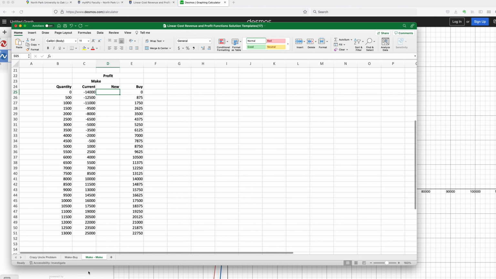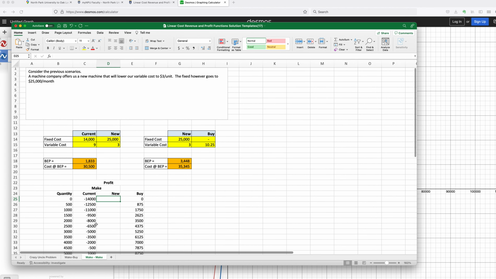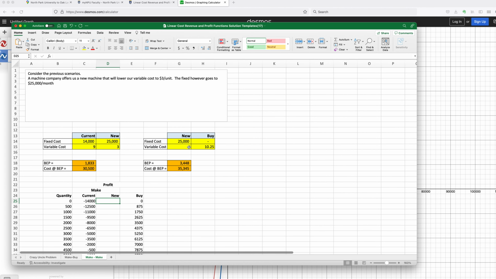What was our $3? So our margin is going to be 12 minus 3. It's going to be $9. It's going to be equal to the quantity times 9 minus, but we're going to have a way bigger fixed cost of 25,000. We put that there. So if I don't sell any, I'm losing $25,000.